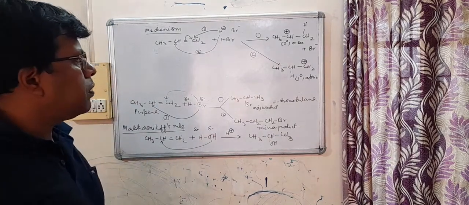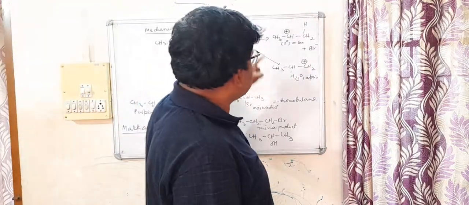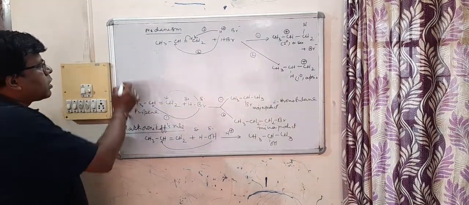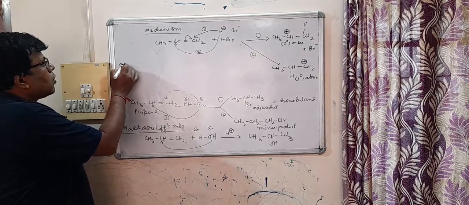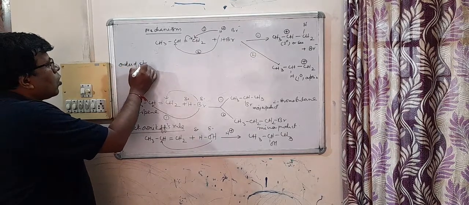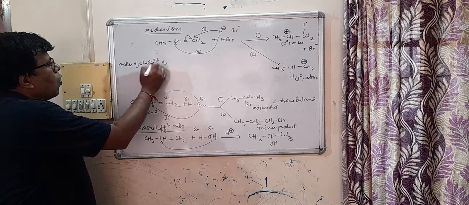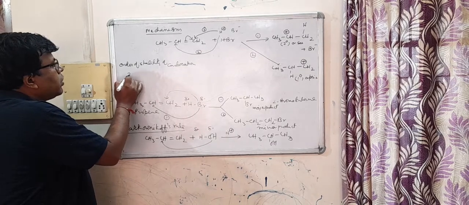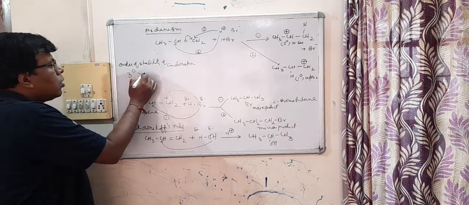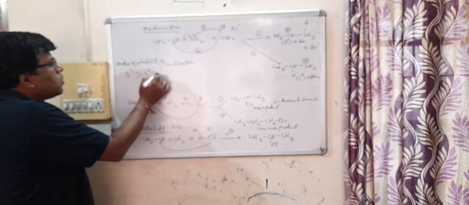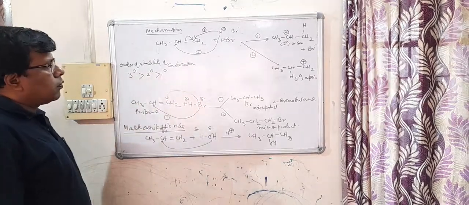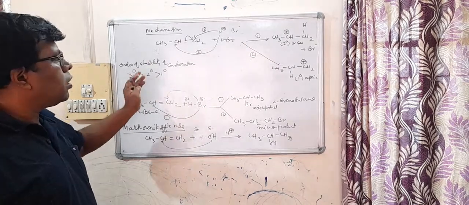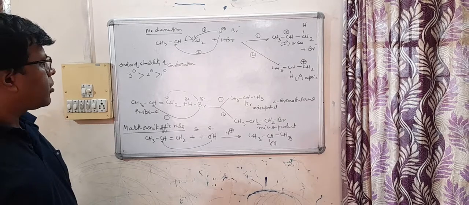And it has been discussed before that the order of stability of carbocation is: 3-degree carbocation is more stable than 2-degree carbocation, which is more stable than 1-degree carbocation. The order of stability of carbocation can be explained by inductive effect.